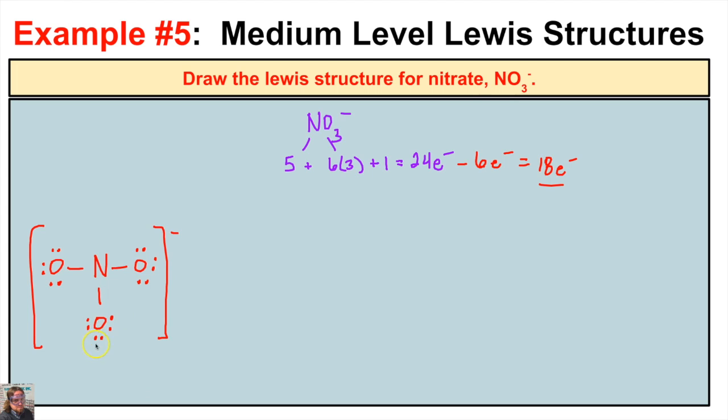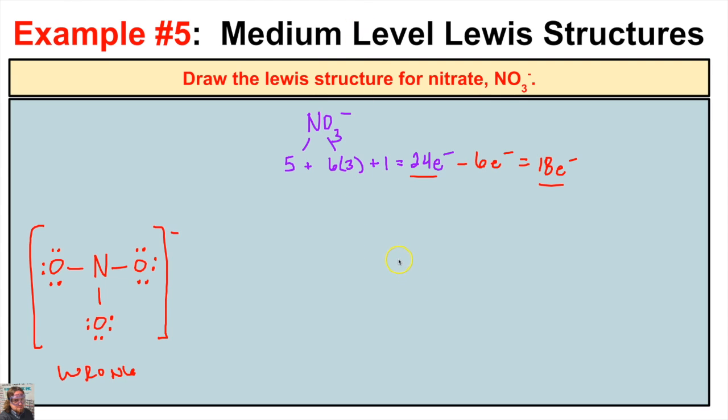This oxygen has 2, 4, 6, 8, it's happy. This oxygen has 2, 4, 6, 8, it's happy. Looking good so far. Look at this nitrogen, it only has 2, 4, 6 surrounding it, but it wants 8. And so we've used up all of our 24 electrons here. However, the octet rule is not satisfied for each one of these atoms, so this is going to be the incorrect Lewis structure.